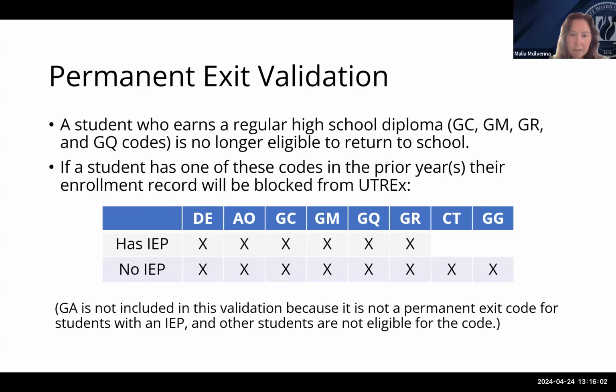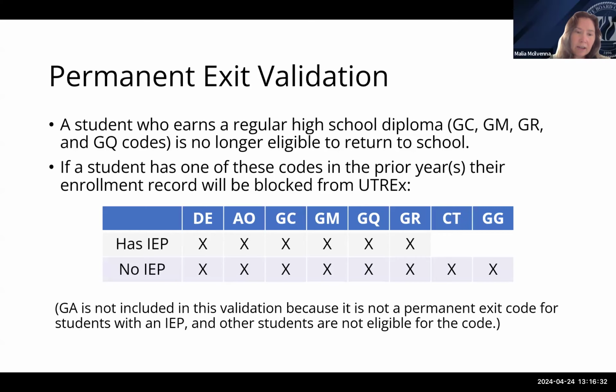In this table here, it shows which codes trigger the permanent exit validation error. And you'll notice that there's a few extra for students who don't have an IEP compared with students who do have an IEP. So if they have an IEP, it's just the regular high school diploma that ends their eligibility to return to school. If they got a certificate of completion or a GED or the alternate diploma, that would be the GA code, they are still eligible to return to school.